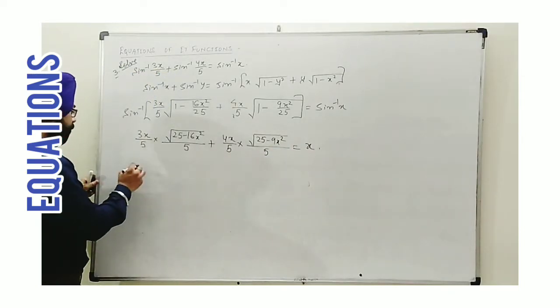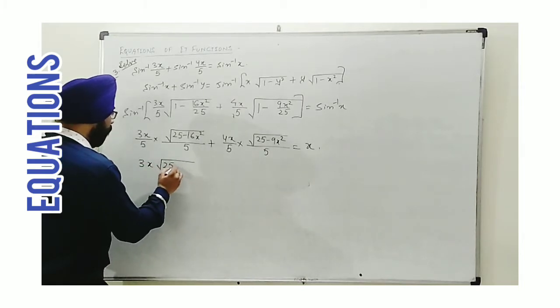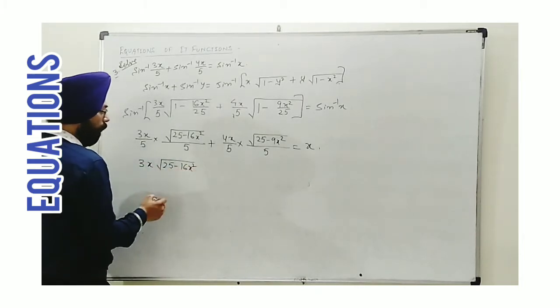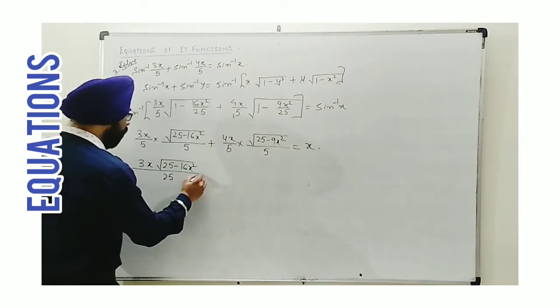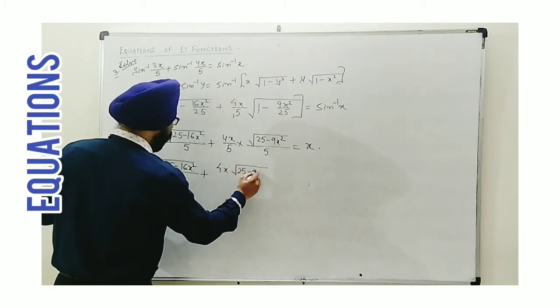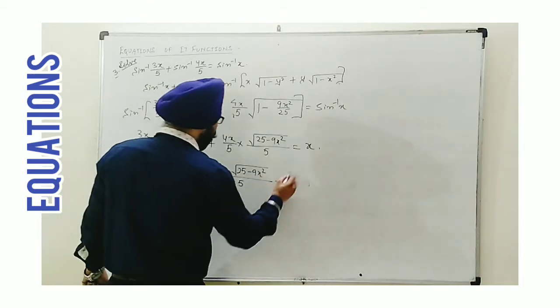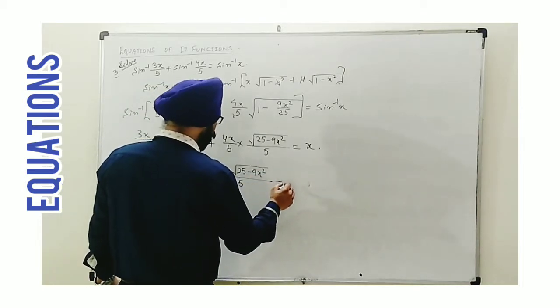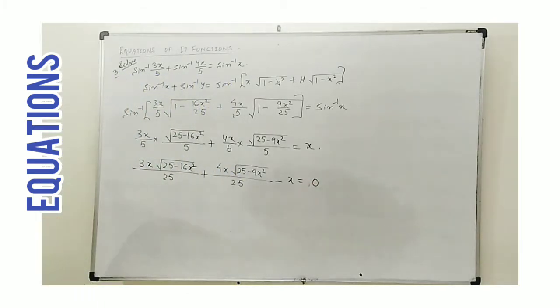So we have 3x root 25 minus 16x square upon 25, plus 4x root 25 minus 9x square upon 25, minus x equal to 0. I hope you get it.